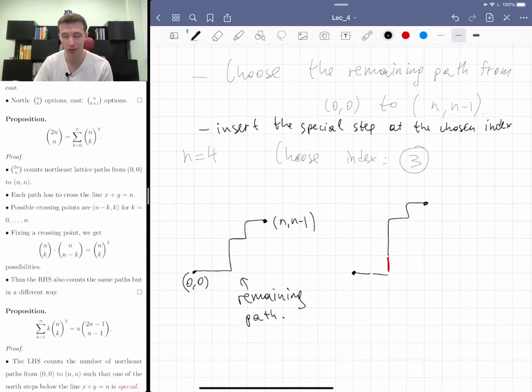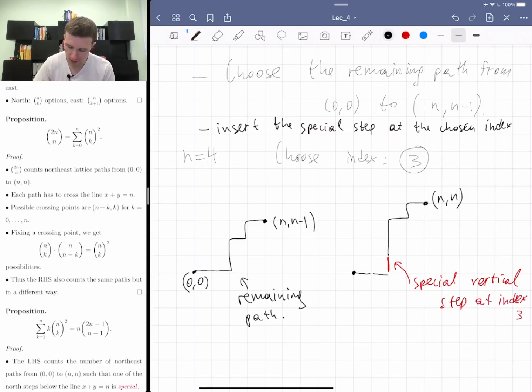And because I have inserted a vertical step, I arrived at n comma n. But this is a special vertical step at index 3.